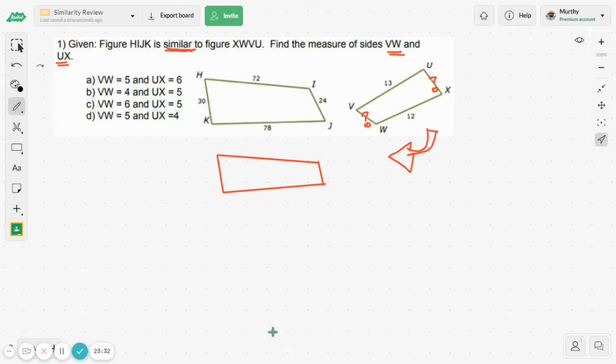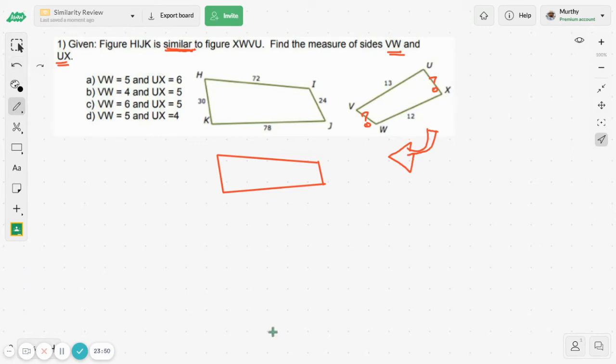I see that this is the shortest one, which is VW. So that goes to W here, V here, and next XU. Let me check really quick.